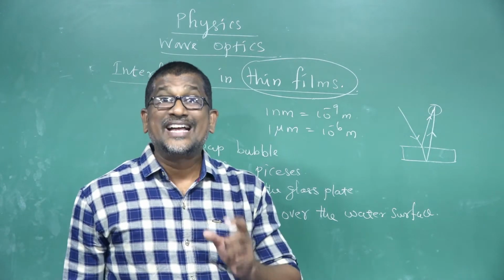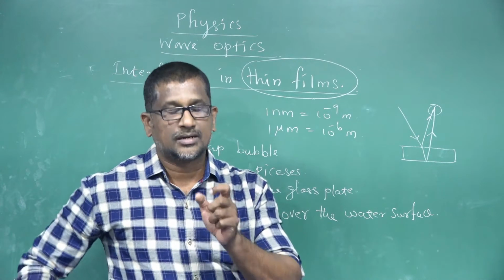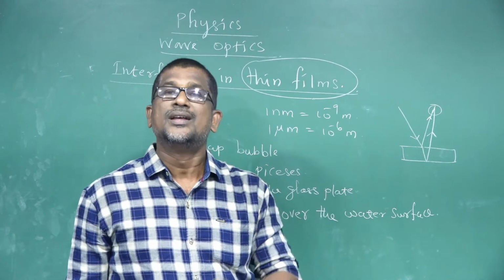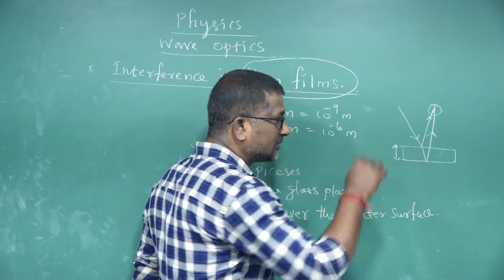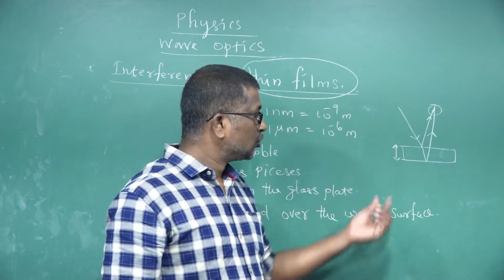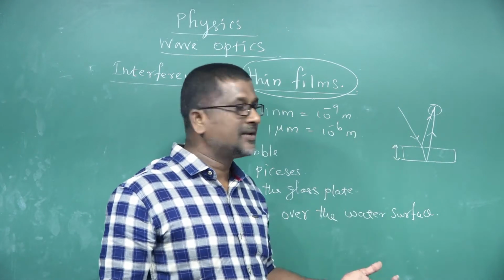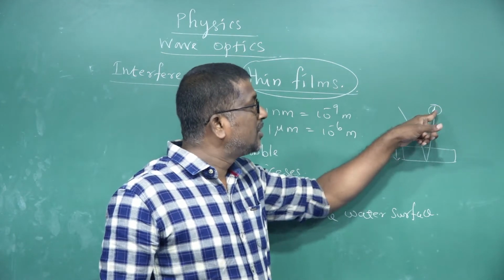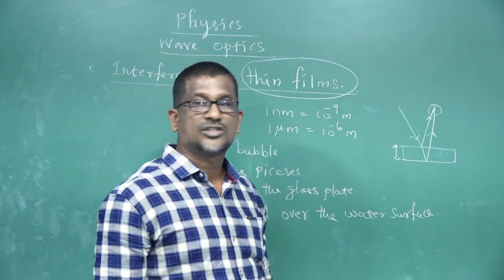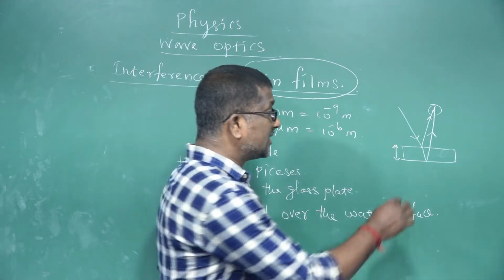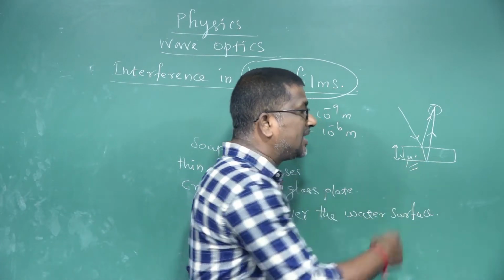The nature of the colors depends on three factors. One is the thickness of the thin film; depending upon the thickness, the colors formed by these two interfering waves will change. Second is the refractive index of the material of the thin film.